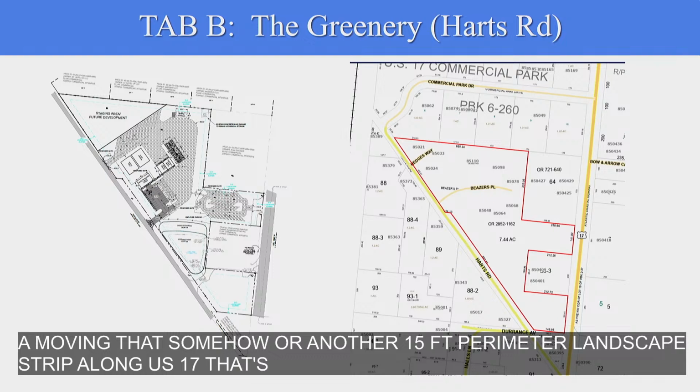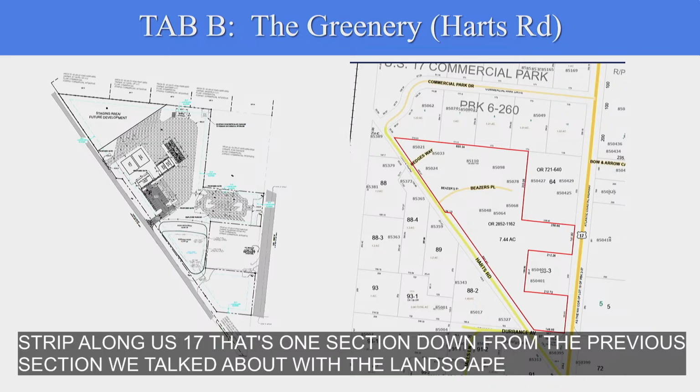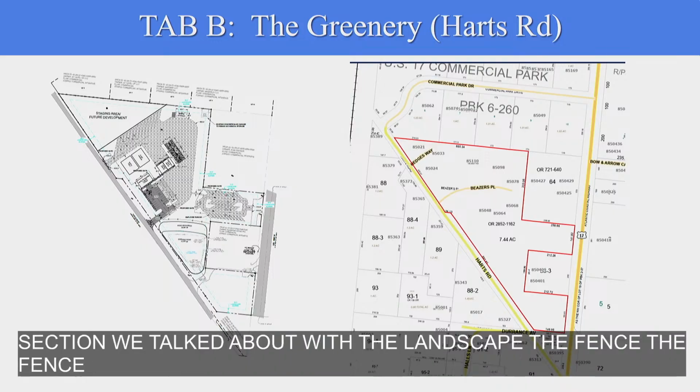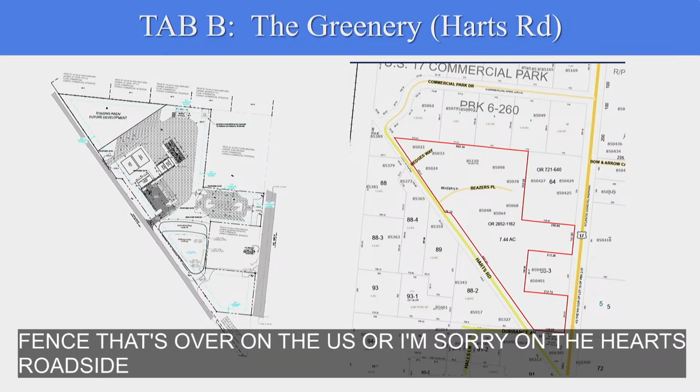That's one section down from the previous section we talked about with the landscape buffer, section 3705D2. That's an average of 15 feet. Again, refer to the pictures on that. The fence that's over on the Harts Road side must be on the inside of the 25-foot buffer.